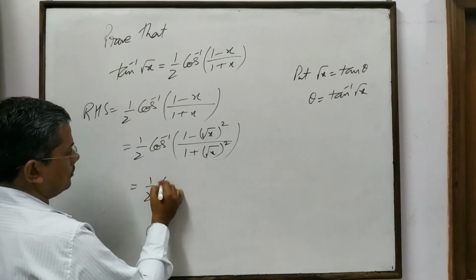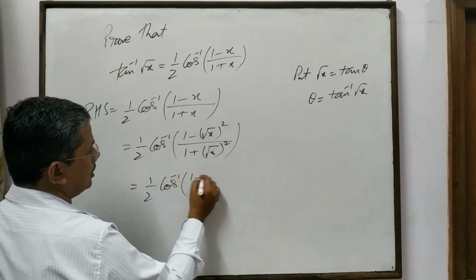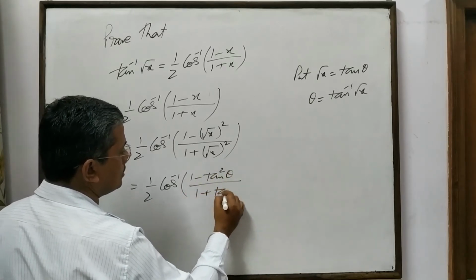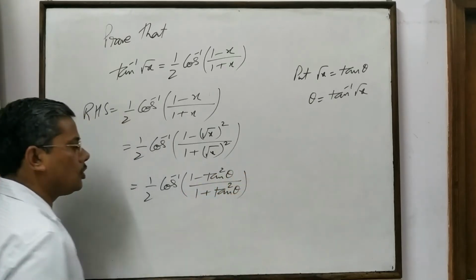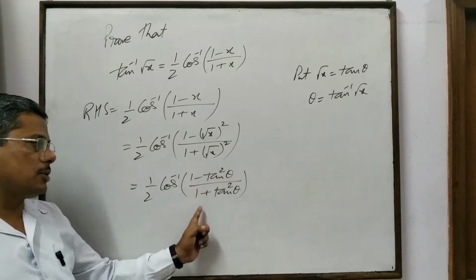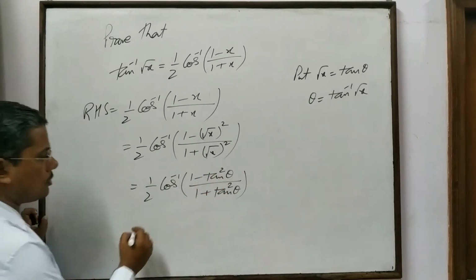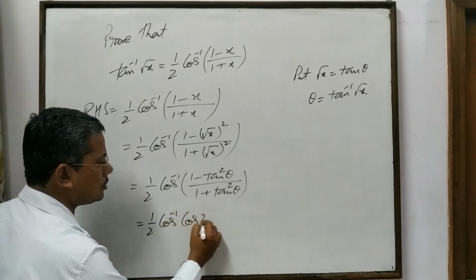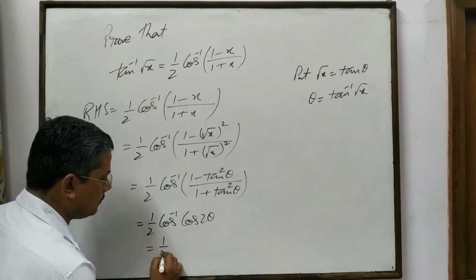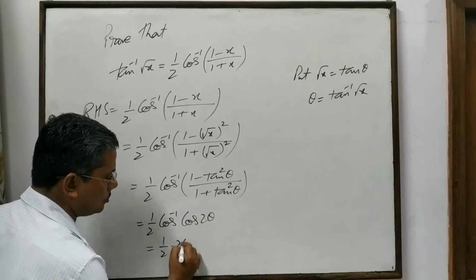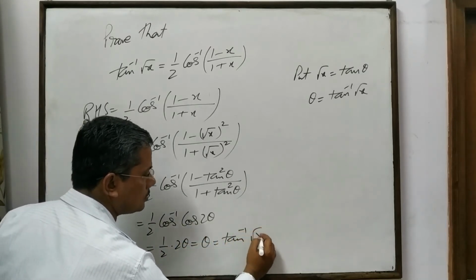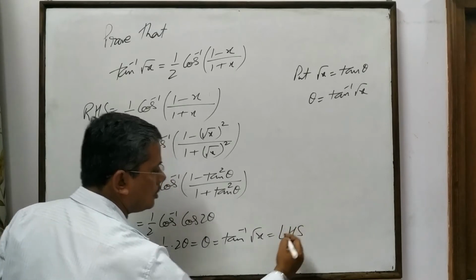This is half of cos inverse of 1 minus tan square theta upon 1 plus tan square theta. Now we have studied in plus one that 1 minus tan square upon 1 plus tan square is equal to cos 2 theta. Half of cos inverse cos 2 theta. So half of cos inverse cos 2 theta is half of 2 theta, which is theta, which is tan inverse root x, equal to the left hand side.